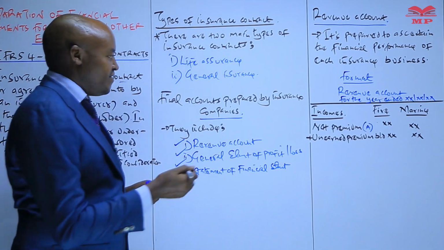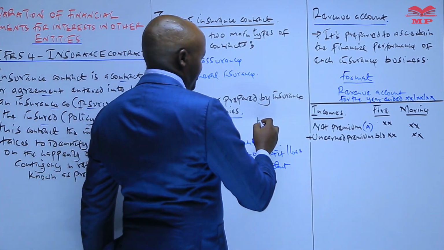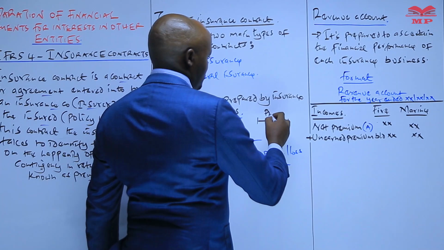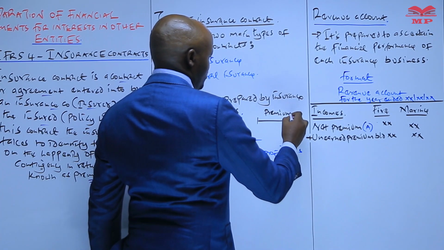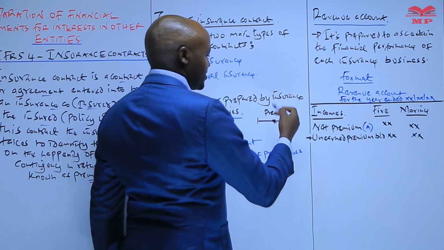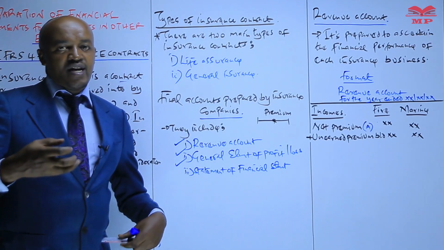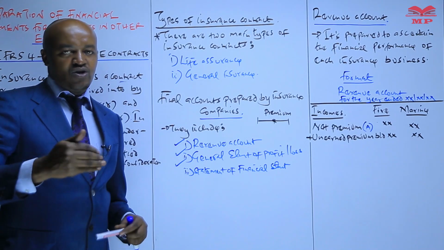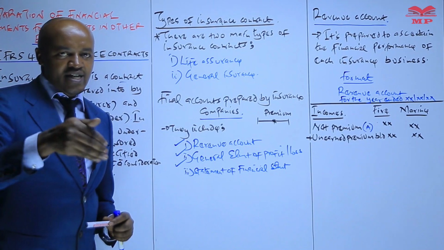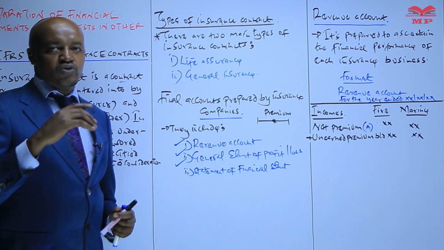So if, for example, you have a number of clients who have paid a premium to cover them for a certain period of time, and that period covered by those premiums has not come to an end, then we say that premium has not been earned, because a premium can only be earned if the period covered by that particular premium has come to an end.